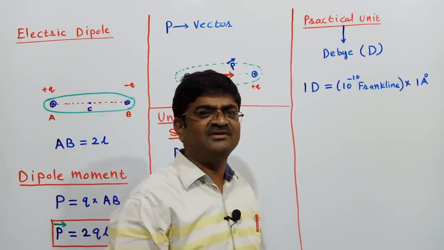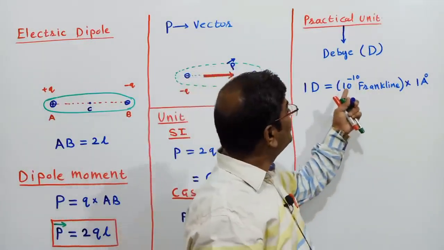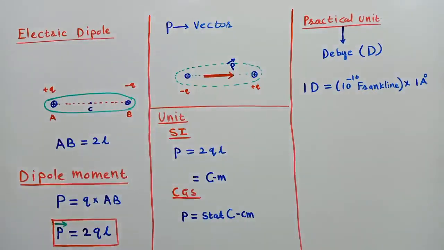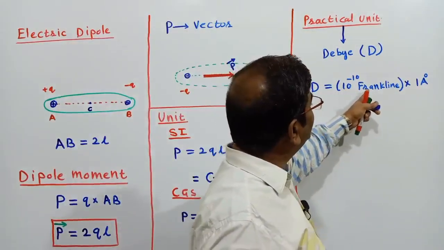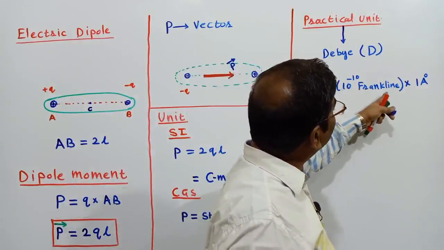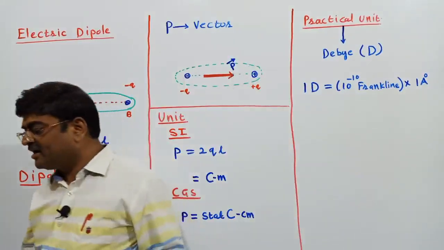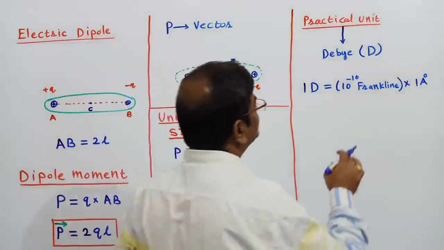I am interested to know the value of 1 Debye. For that, what did I write? I have got 10 to the power minus 10 Franklin into 1 angstrom unit. Now to calculate what the value of the Debye actually is, I need to have the conversion of this.